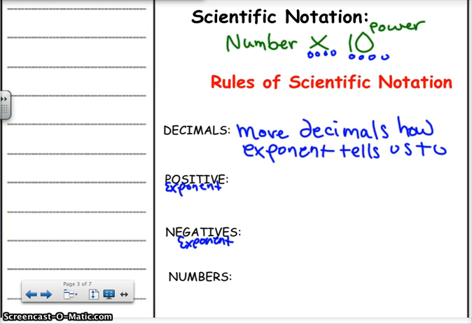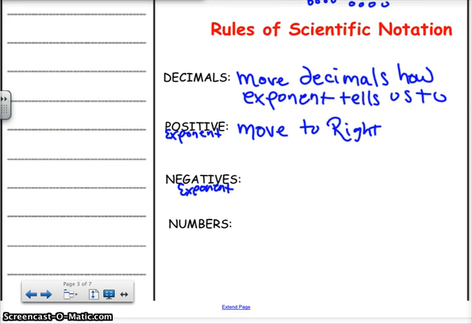If it's a positive exponent, you're going to move the decimal to the right. So move to right. If it's a negative exponent, you move to, what do you think? Forward. You're so smart. You move to the left.